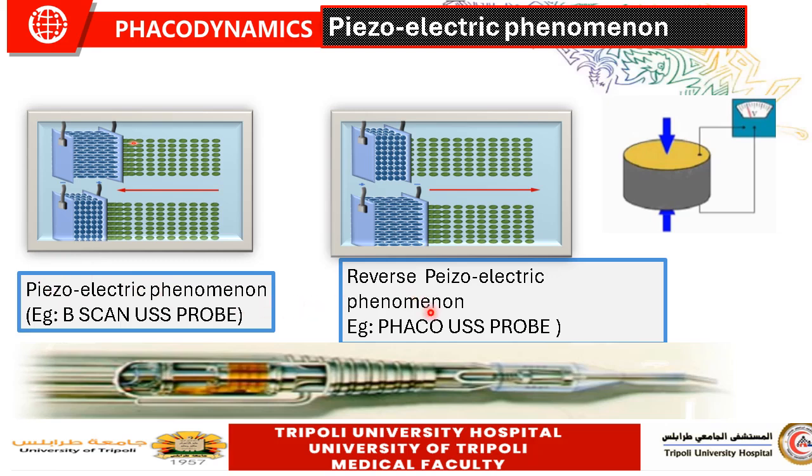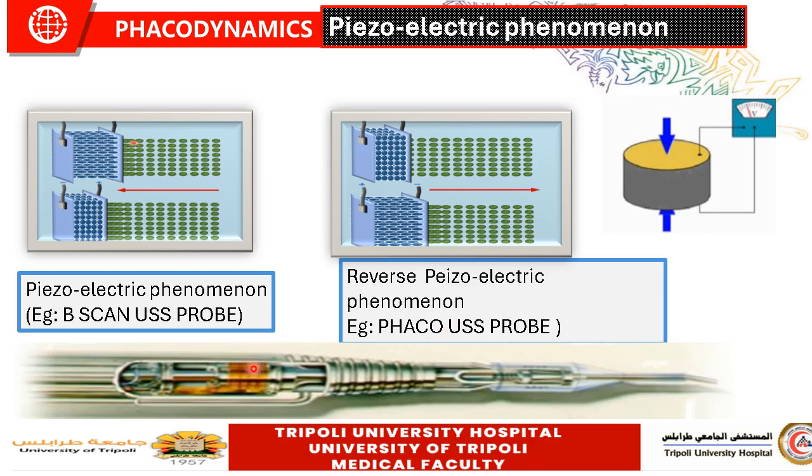Now, in the Phaco handpiece it is the reverse. It is a reverse phenomenon where we expose the piezoelectrical crystals to a direct current, and this current will cause expansion of the crystals, converting it to mechanical energy.